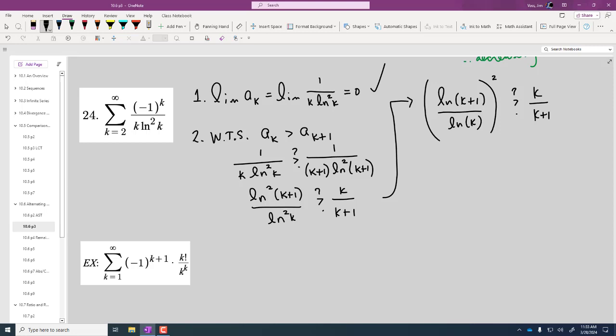Say again? You could do log rules and subtract the k, and then k plus 1 minus k. Oh, you're saying that if you did a log property? Yeah, remember the log property: if you have this, you could turn that into log of A minus log of B, but do we have that?